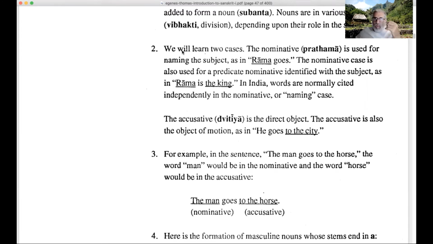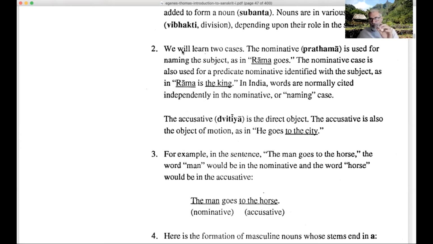In India, words are normally cited independently in the nominative or naming case. So when somebody looks in a dictionary, if you look up horse, it's going to say ashvaha.